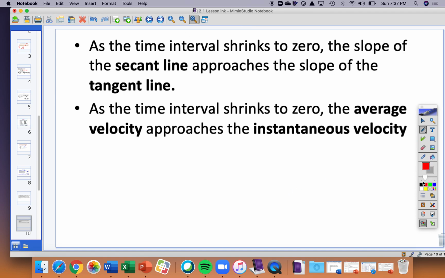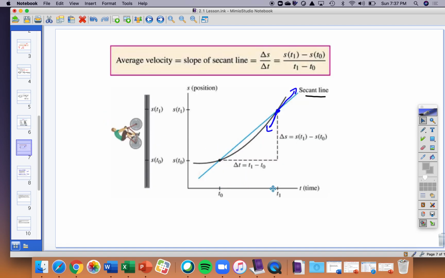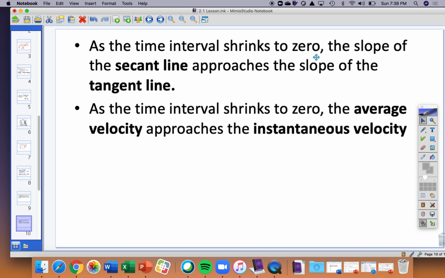As that time interval gets really close together, so here is that image here. As this time interval gets closer together, these 2 points will get closer together, and this secant line will start looking more and more like a tangent line. So as the time interval shrinks to 0, the slope of the secant line approaches the slope of the tangent line.